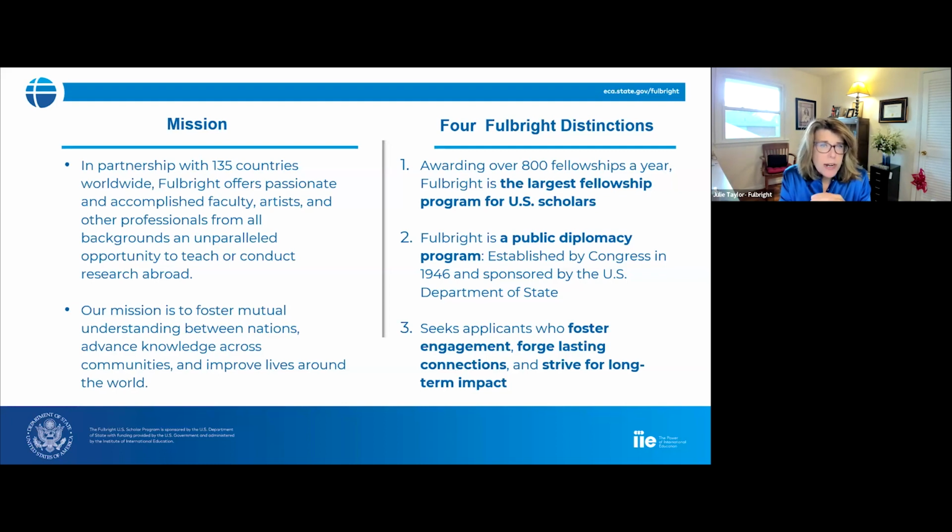There's actually 403 awards in the catalog for this year. So when I say this year, I mean the 24-25 competition, with the deadline of September 15th this year for 24-25. So we're the largest program, so we have lots of opportunities.